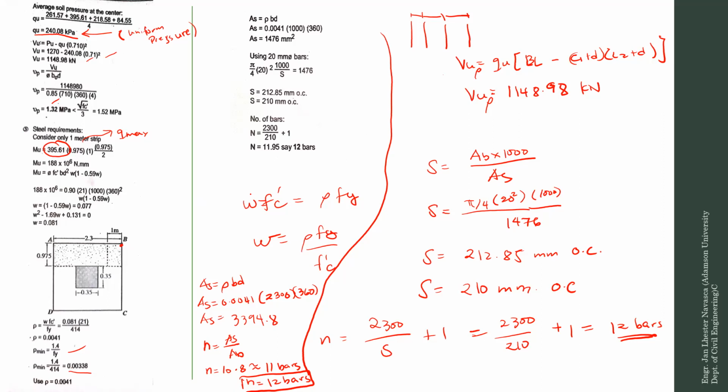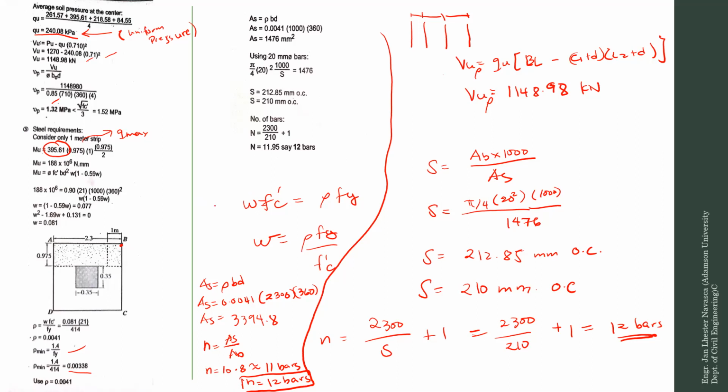Okay, so yan yung ating solution for the actually loaded footing with axis on the both bending axis. Okay. So, sige, sulat ko na lang din yung to get the spacing using itong isang equation.